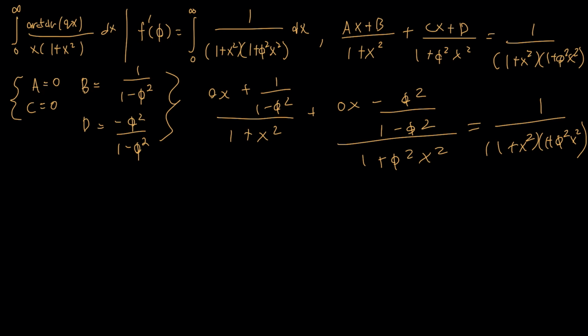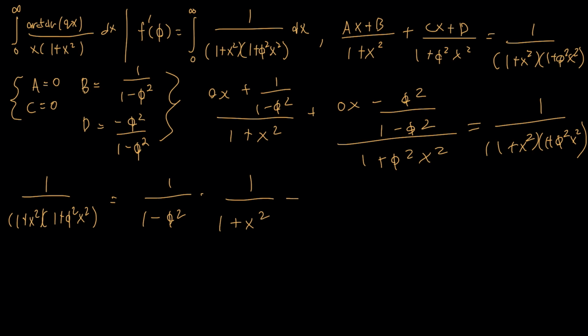So now cleaning this up a bit, we have 1 over (1 plus x squared)(1 plus phi squared x squared). This is equal to 1 over (1 minus phi squared) times 1 over (1 plus x squared), and then minus phi squared divided by (1 minus phi squared) times 1 over (1 plus phi squared x squared).